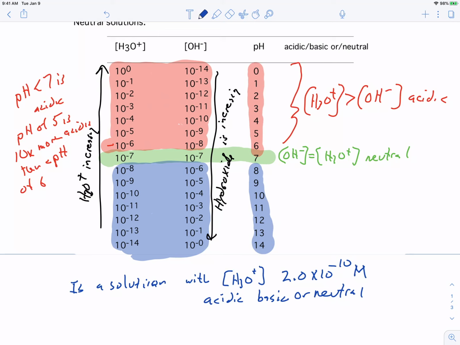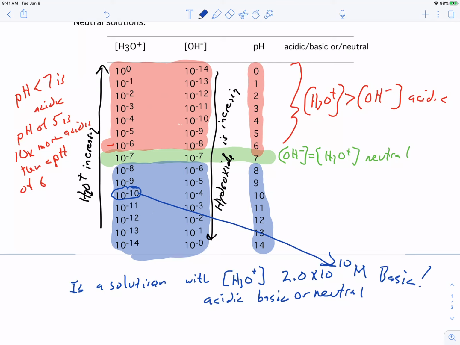Remember, we could also use hydrogen for hydronium. Well, all you've got to do is look at this right here. Here's the hydronium concentration, 10 to the minus 10, and you see that it is basic.